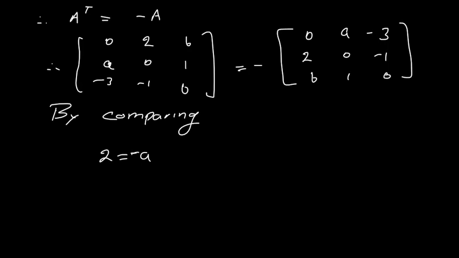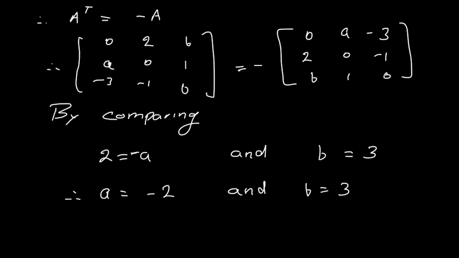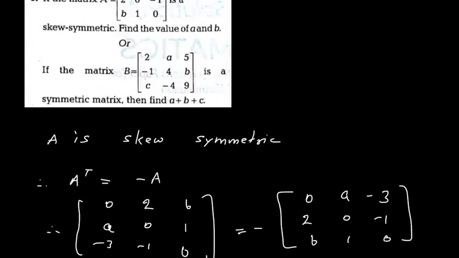Okay, the minus sign is here. 2 is equal to minus a, and I will get b is equal to 3. So therefore, I have a equal to minus 2 and b equal to 3. So the values of a and b we found out.